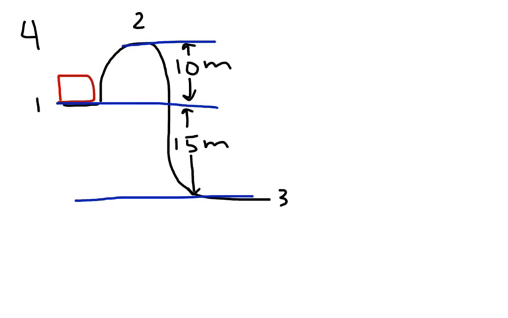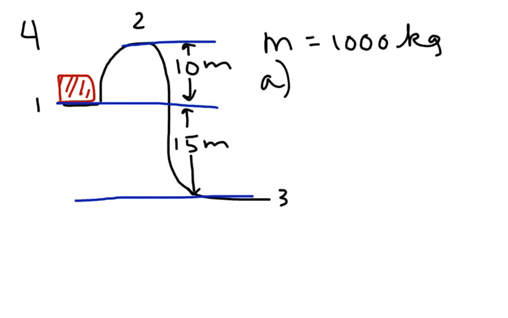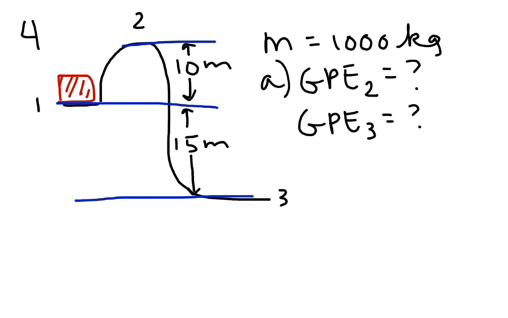Okay, let's do an example. We have some sort of roller coaster ride. Here's the car of the roller coaster. It starts at position 1, and the mass of this coaster is 1,000 kilograms. For part A, what I want you to do is find the gravitational potential energy at position 2. And also, what is the gravitational potential energy at position 3?